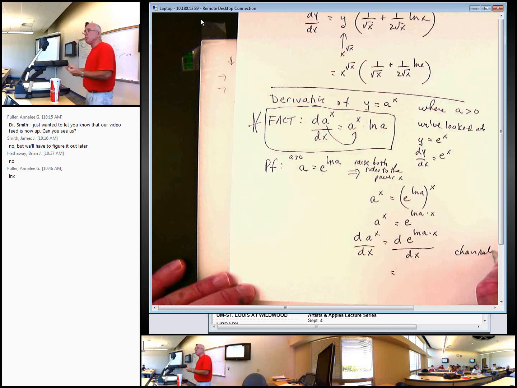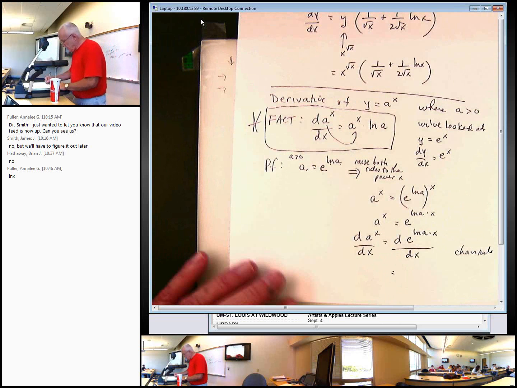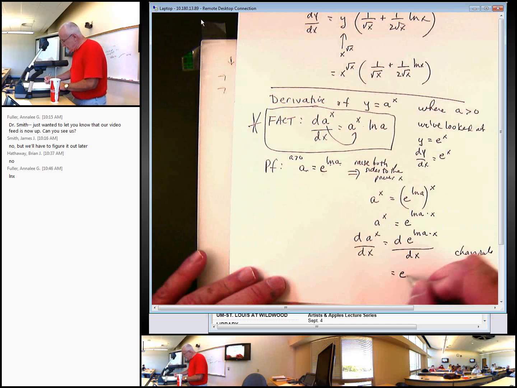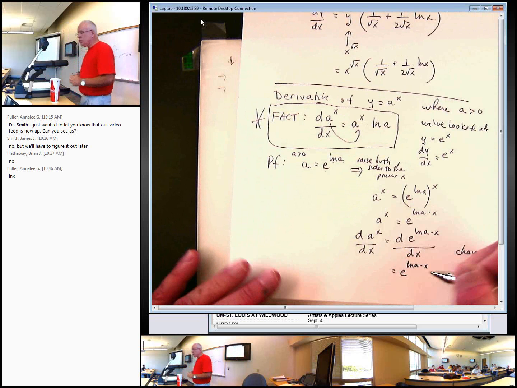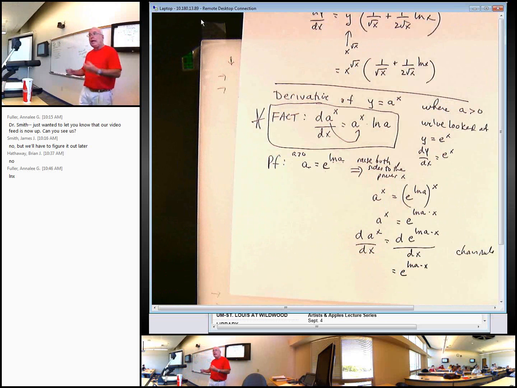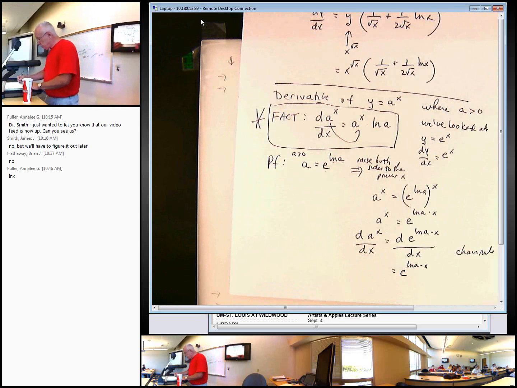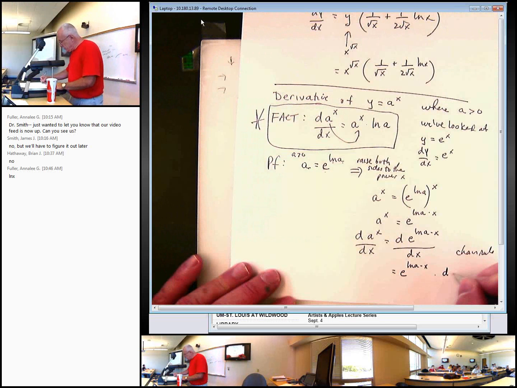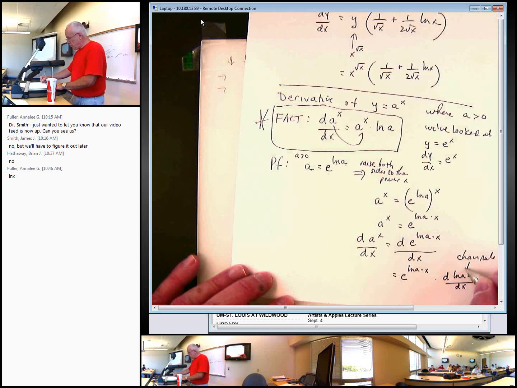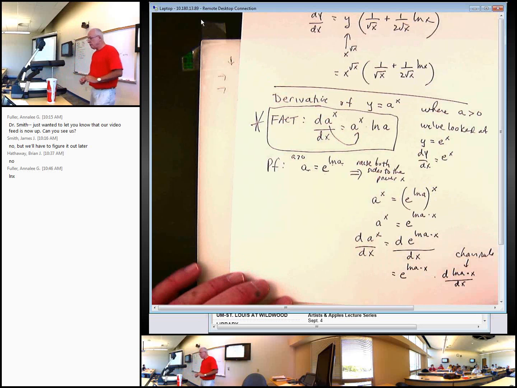I first just repeat the exponent function. So it's equal to e to the ln of a times x. You just repeat the function. And then I have to do the derivative of the ln of a times x with respect to x. That's the chain rule I have to use.